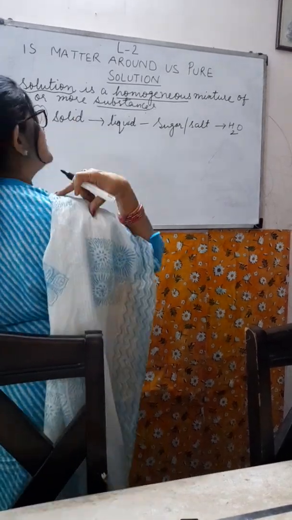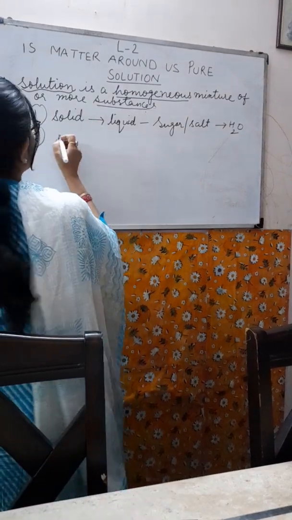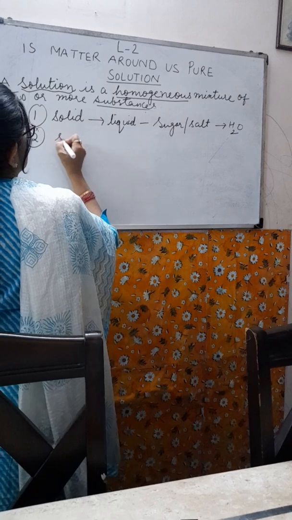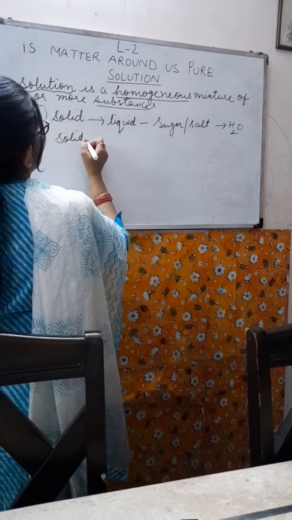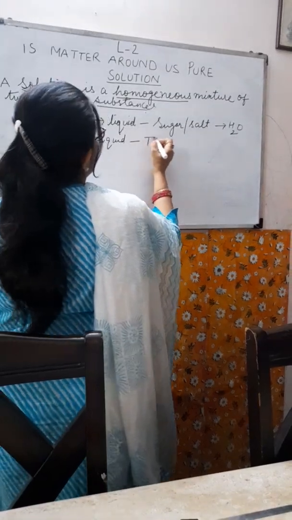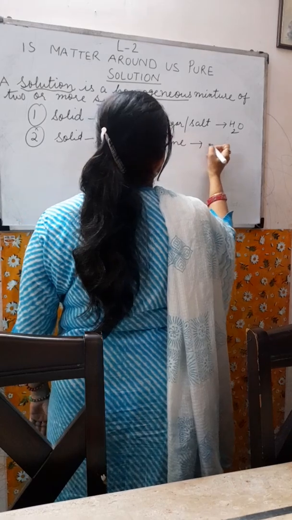Second example we will study. This second point question is mostly asked in exams. This is also a solid in liquid type of example, but I am taking another example: iodine dissolved in alcohol.